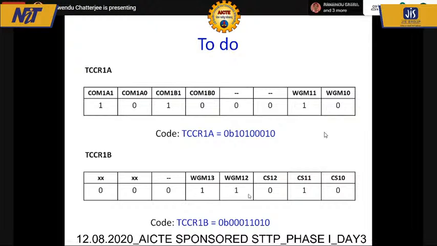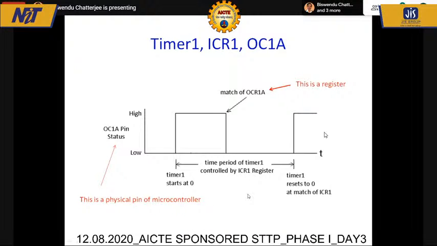Now let us understand the time period, pulse width and the register controls. I have told you earlier that the Atmega chip has only 28 pins.